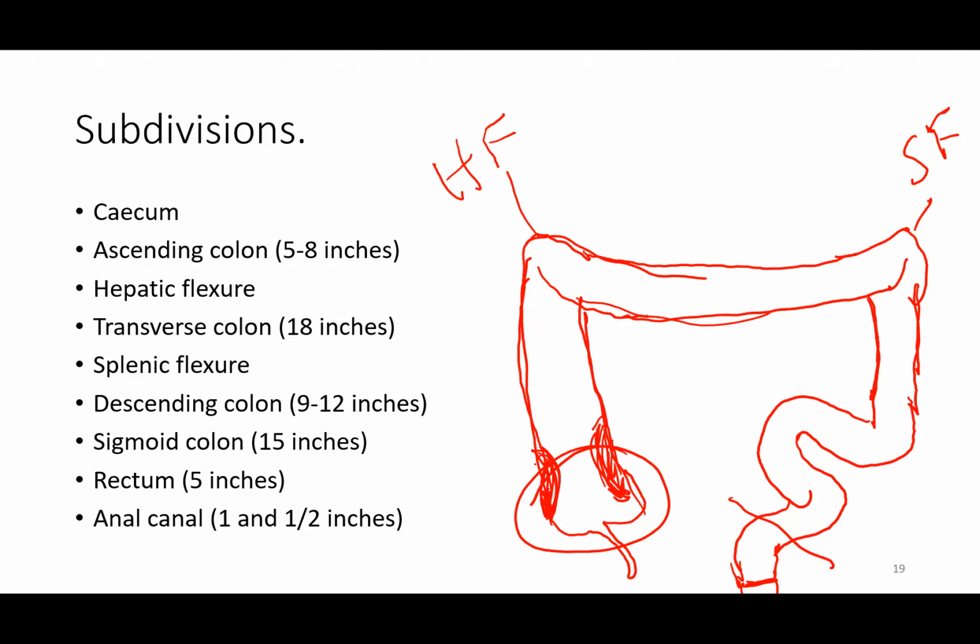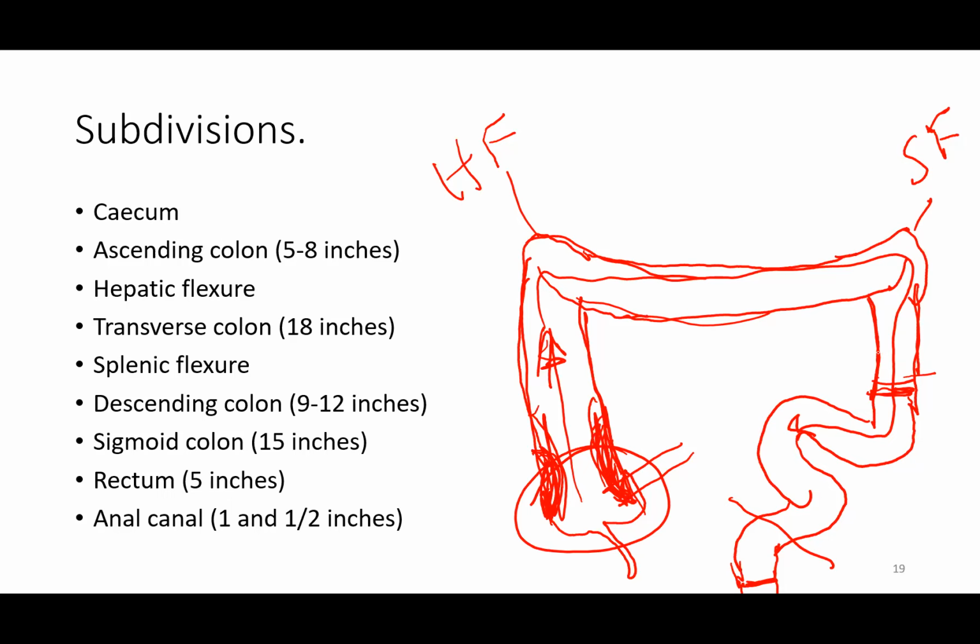The other two reasons are, the content here is liquid on the right side, while on the left side, as it goes down, most of the water has been absorbed and it is solid. The third reason has to do with the pathology of the tumors. Most of those on the left are ulcerative and cauliflower type, while on the right side they are annular, ring form or tubular.